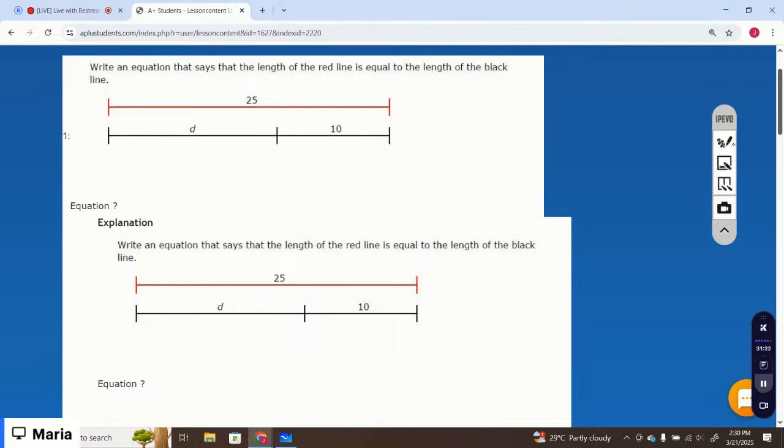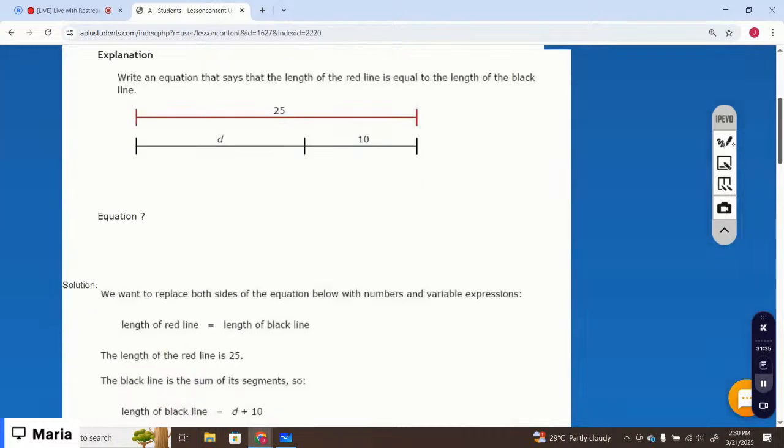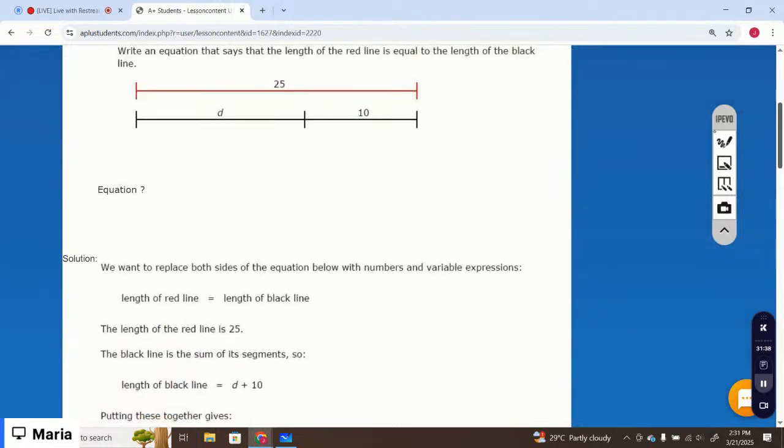So the length of the red tile is 25 and the length of the black tile has two segments, D and 10, and the lengths of both lines are exactly equal. So that equals D plus 10 equals 25.